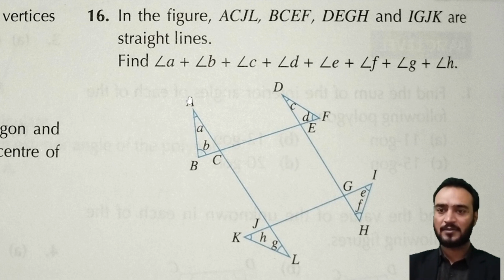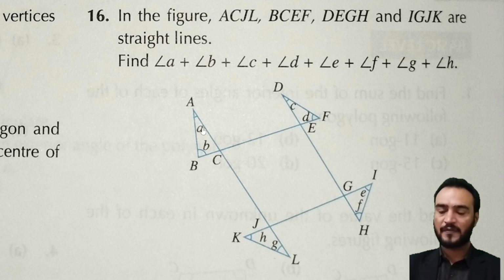BCA is a triangle where the angle at point C and the angle at point E are right angles, and similarly at D. All four of these are right angle triangles. BCA is a right angle triangle, DEF is a right angle triangle, KJL is a right angle triangle, and GHI is a right angle triangle.